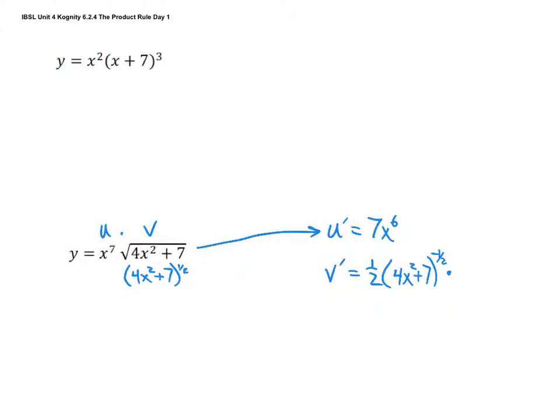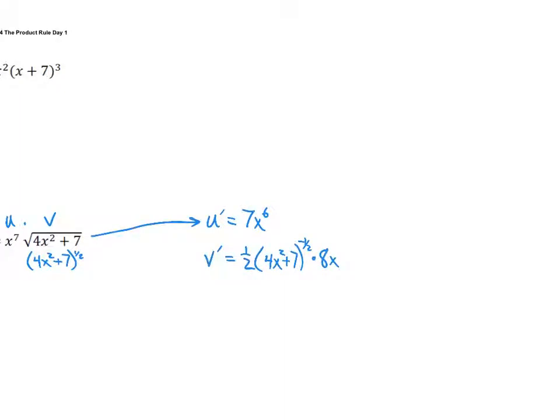So the derivative of the inside is that 8x. If we simplify here, we've got 4x over the radical 4x squared plus 7. And again, I don't care if you leave that as the 1/2 power or put it in the radical, but do put it in the denominator.